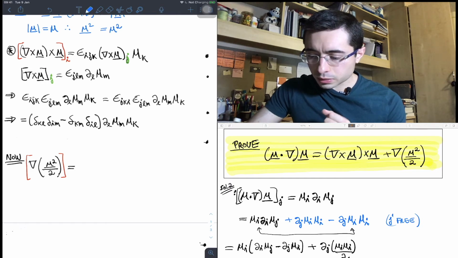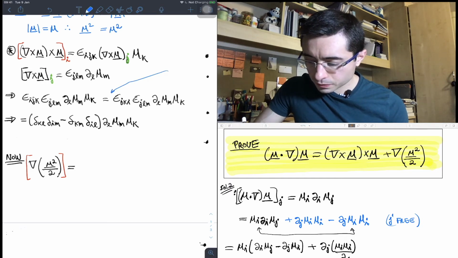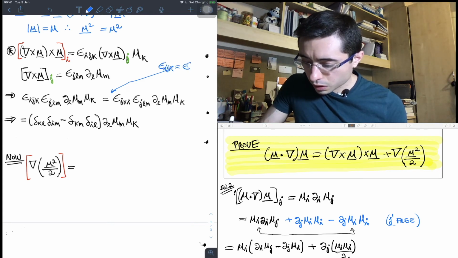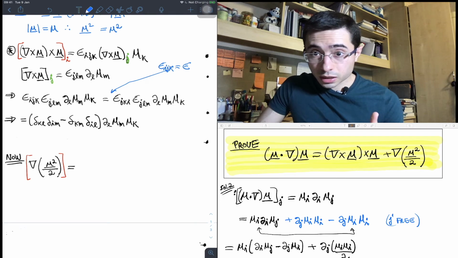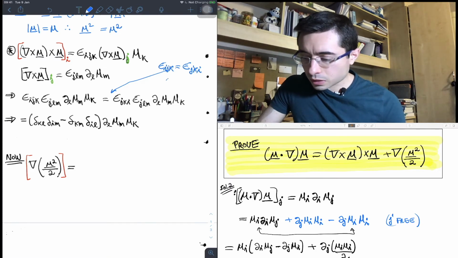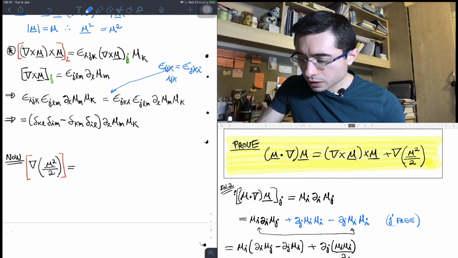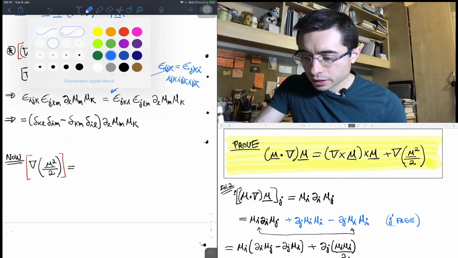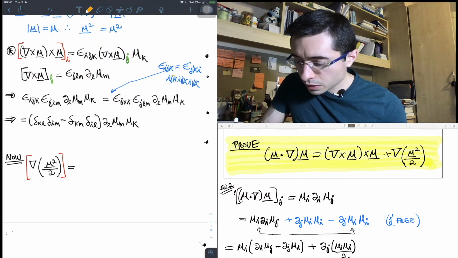So what I did here was basically just use that epsilon i j k is equal to epsilon, so it's a cyclic change, so that's j k i. As you can see, that's cyclic. So i j k, i j k, i j k, and particularly I chose the j k i.